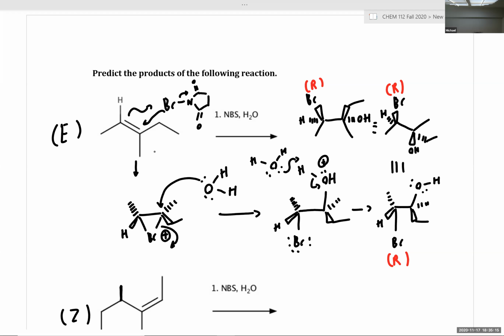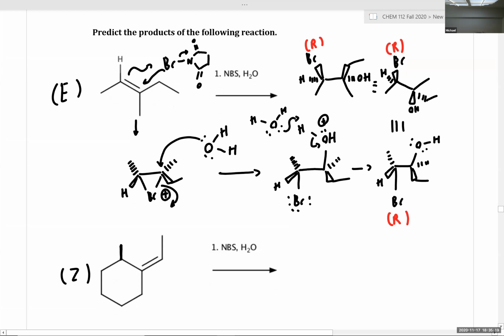Okay, now that we've identified our possible stereochemical outcomes for our E alkene, let's look a little bit at the Z alkene. One thing I do want to note, however, is that we also get the enantiomer. So if we want to look at the enantiomeric product possibility, we'd attack from the top face.